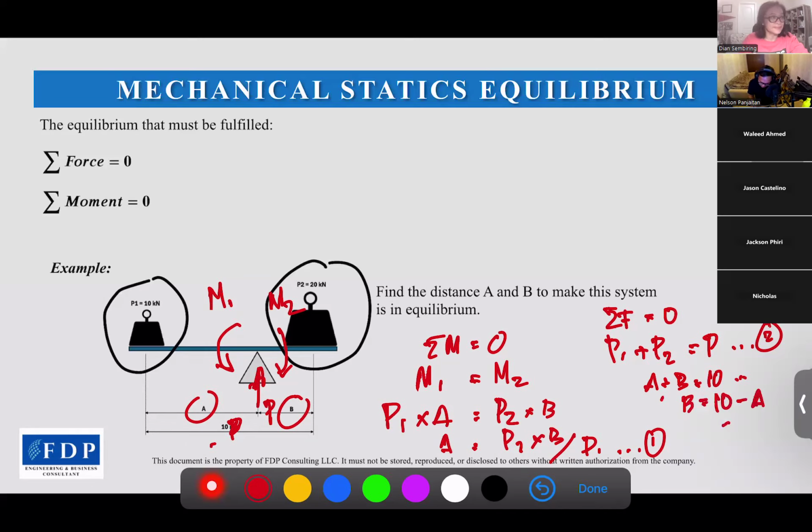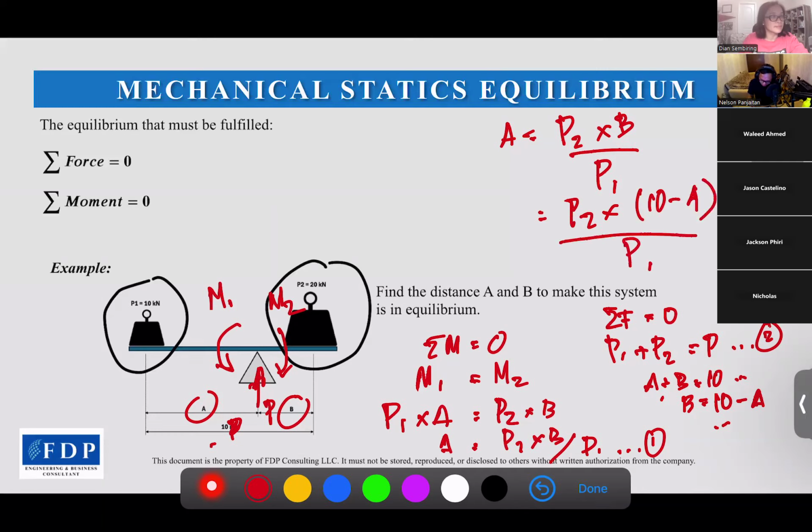So we go back to formula number one. A equals P2 times B divided by P1, so P2 times (10 minus A), like that.